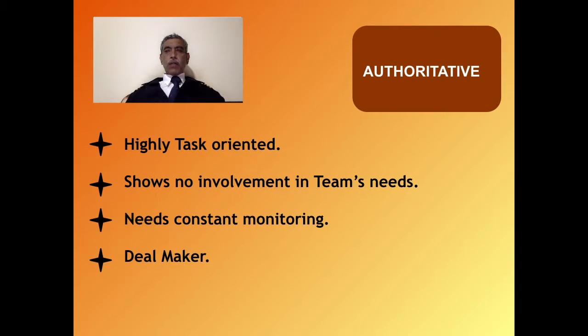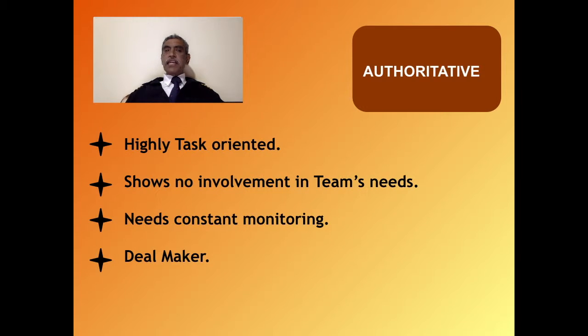Let's learn about the authoritative leader. He is highly task oriented. He shows no involvement in the team's needs, no emotional involvement. He is just worried that the task should be completed and completed efficiently. But such leaders need constant monitoring on whether they are doing the right thing or not.